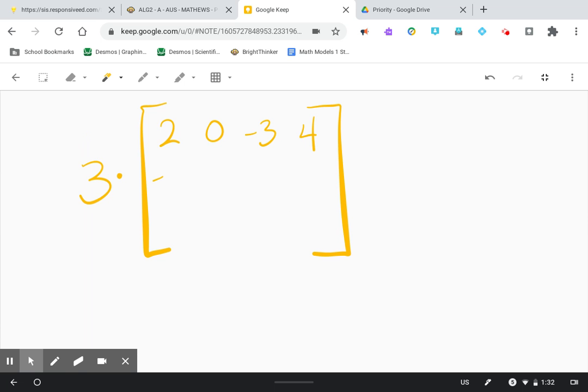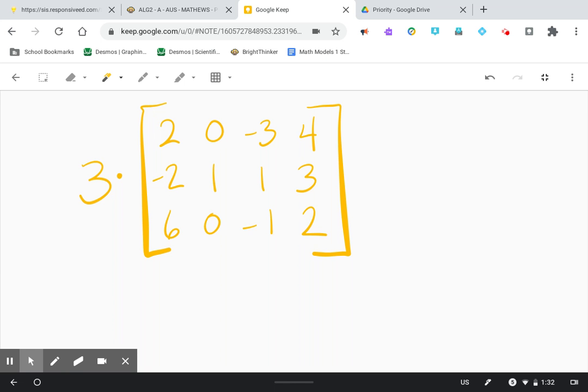So for instance, it would look something like this. 3 times, and then we'd have our matrix, with all of our values within our matrix.